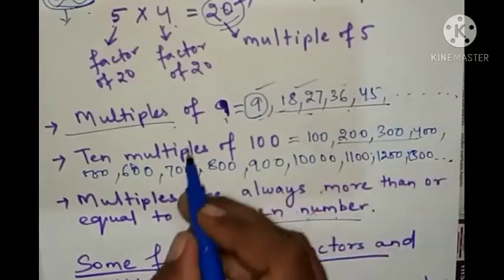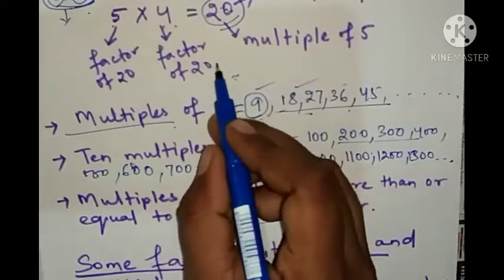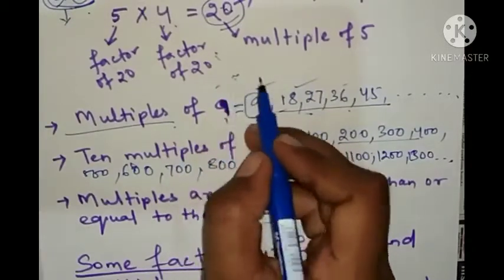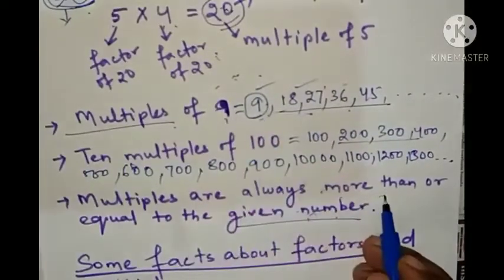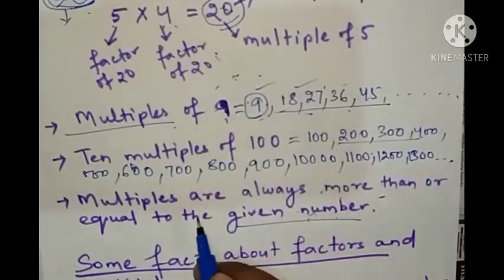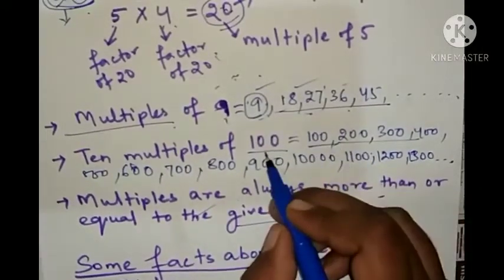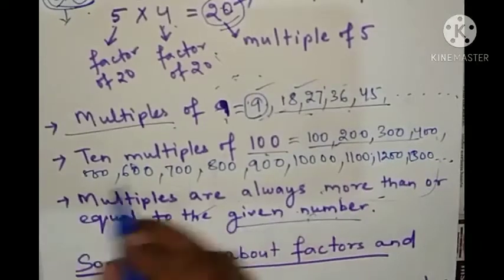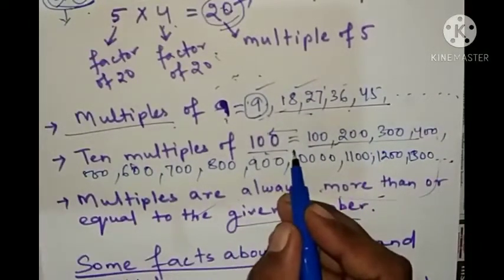In factors, we saw they are always equal to or less than the number, but multiples are always equal to or more than the given number. Here also 100 is equal to 100, and the rest of the multiples are more than 100.